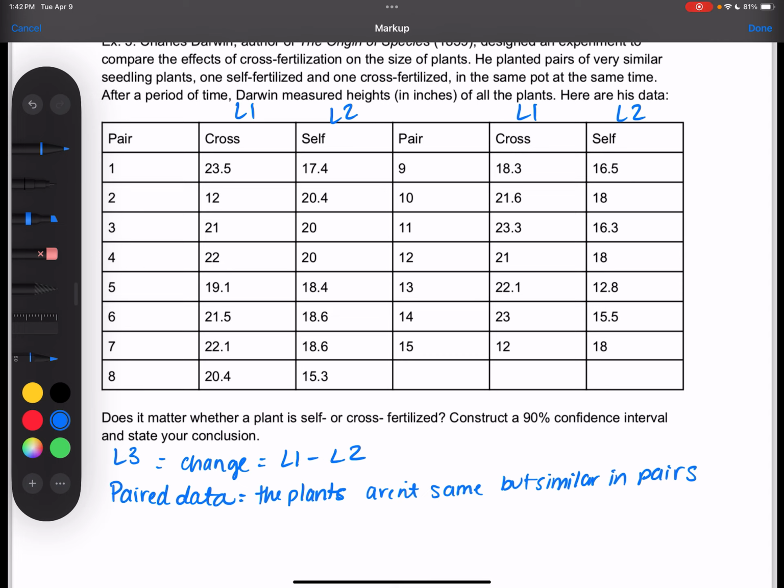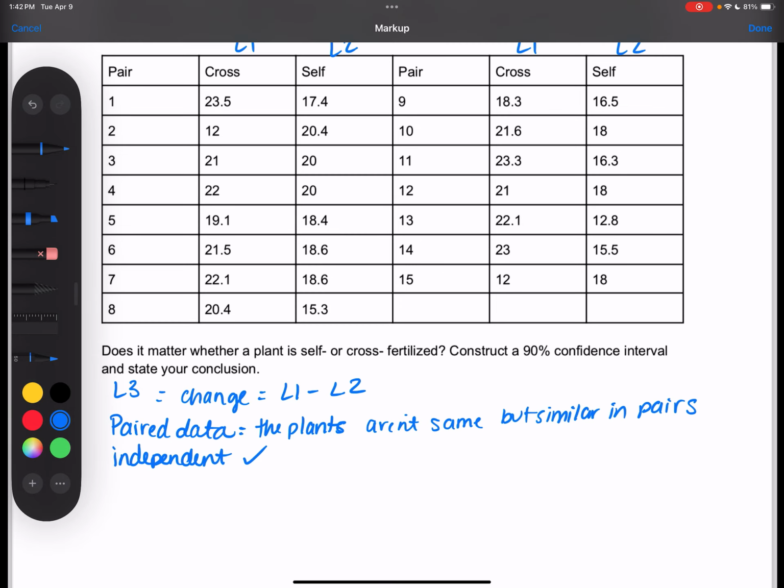So like 2 sunflowers, 2 daisies, and so on and so forth. Okay. So independent, I'm not going to write it all out, but good there. Random or representative sample. Yes.